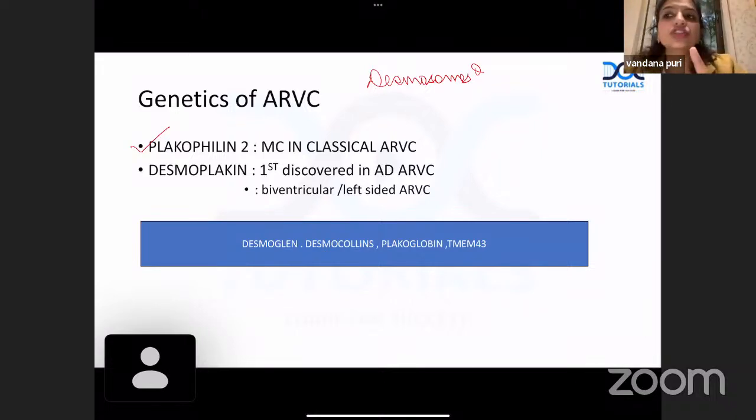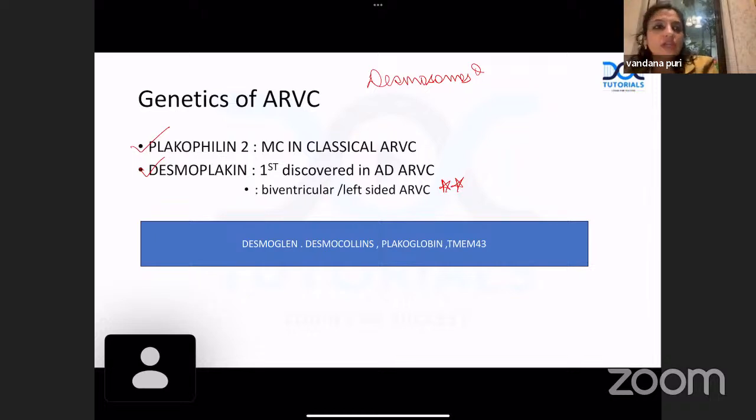Now, the first gene to be discovered in autosomal dominant ARVC was desmoplakin. Recently, they have found that earlier it was thought that ARVC affects only the right ventricle. Now we know that we also have left ventricular type of ARVC and biventricular type of ARVC.